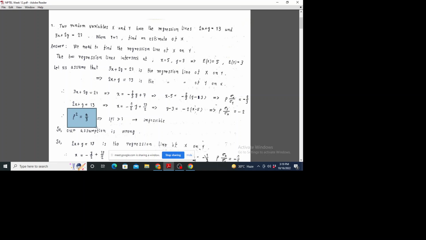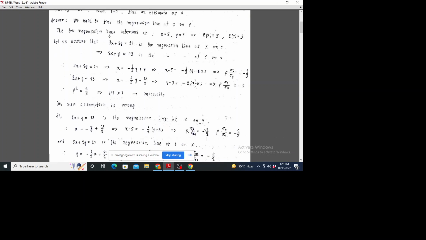This follows from the Cauchy-Schwarz inequality as was done in the lecture. But under our assumption rho square is 4 by 3, so mod rho is greater than 1. Clearly this cannot be true.